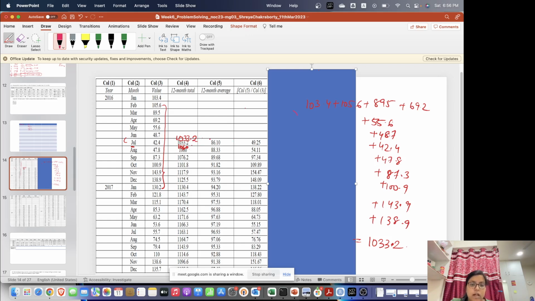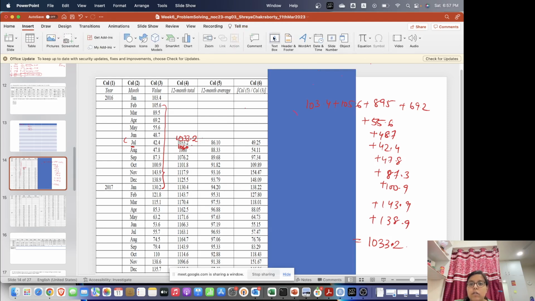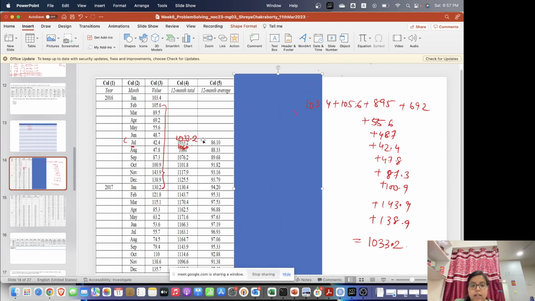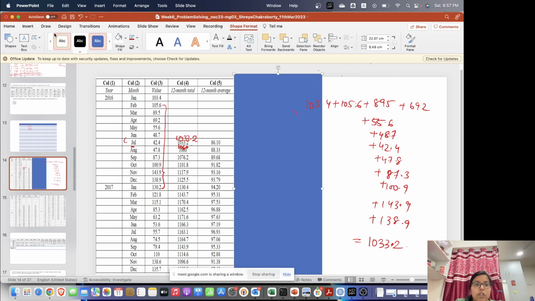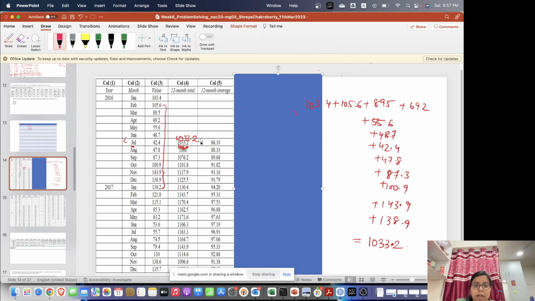How much will it come? It will be 86.1. So after calculating the month's average, we are going to get the moving average for the 12 months.